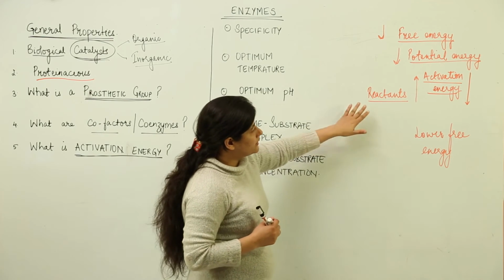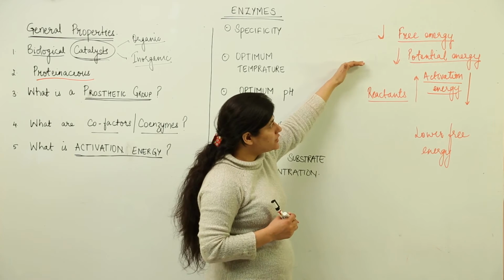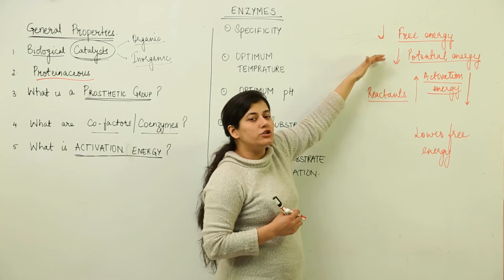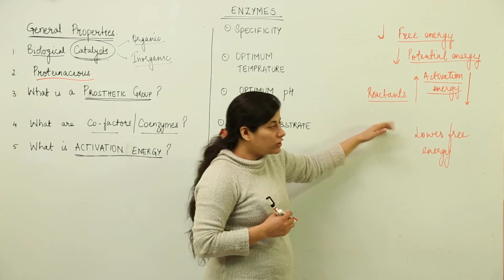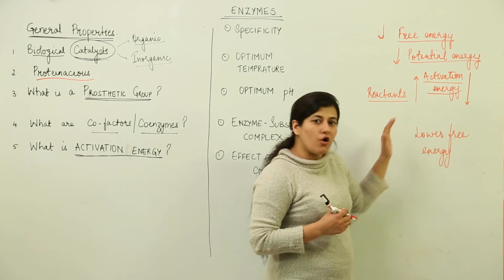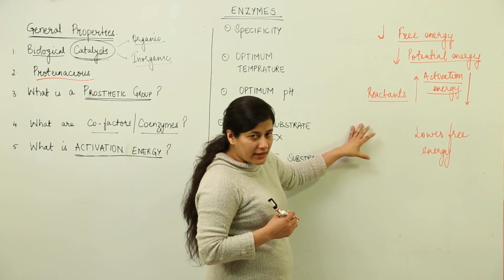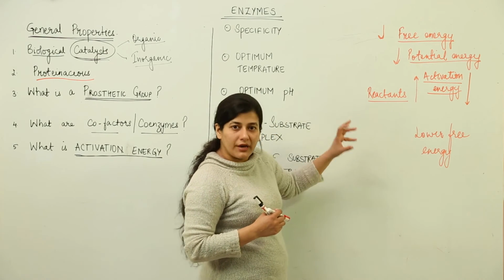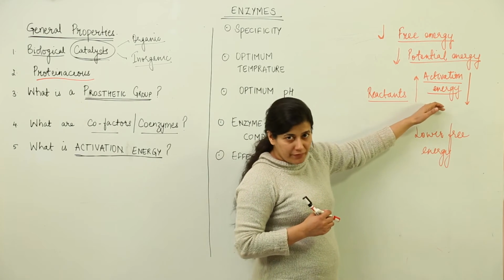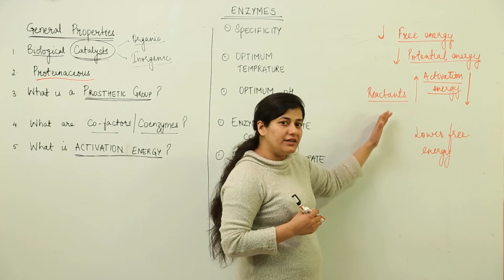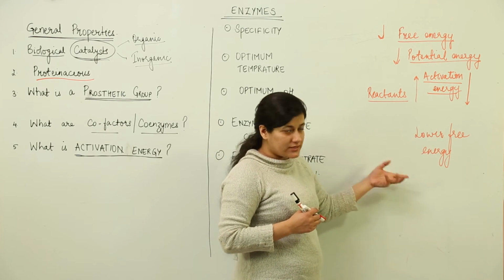Supposedly there is a reactant, it is having high free energy, okay, it is at a high free energy state. Its tendency would be to come to a condition where the free energy would be lower, or the potential energy would be lowered. For that it needs to undergo a chemical reaction where there would be formation or breakdown of bonds. For that, first of all, an activation energy, that is a zenith, must be reached, and then the chemical reaction would basically take place.